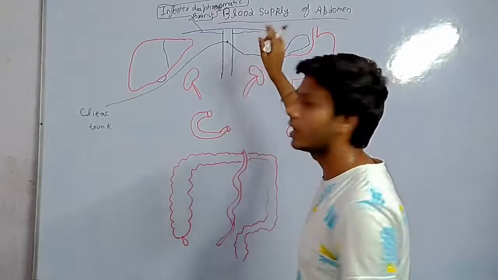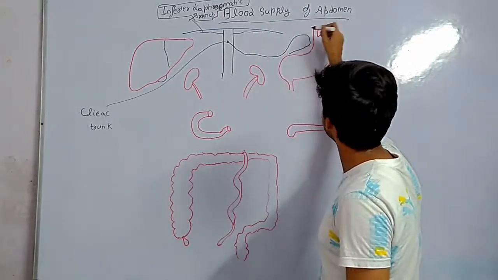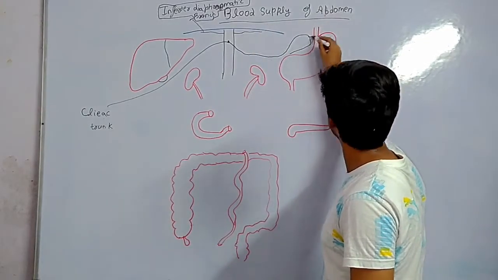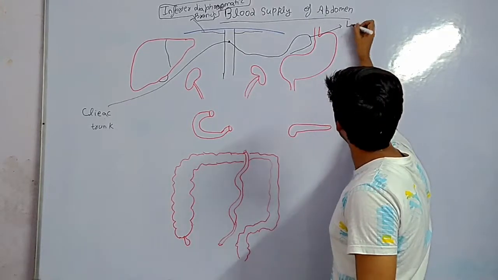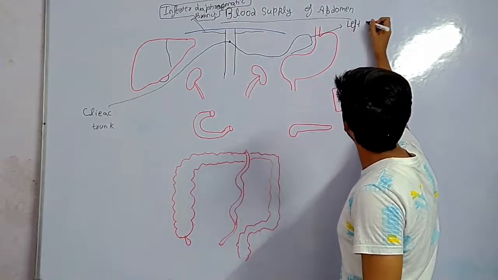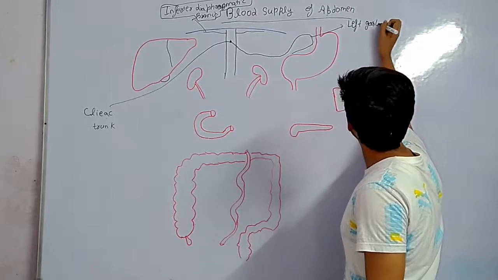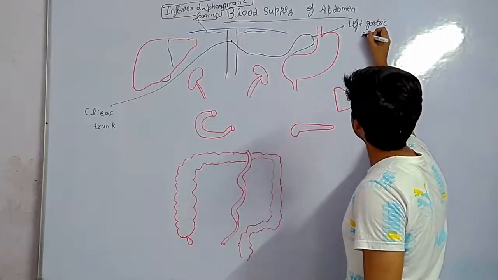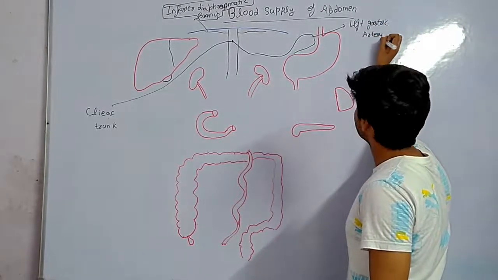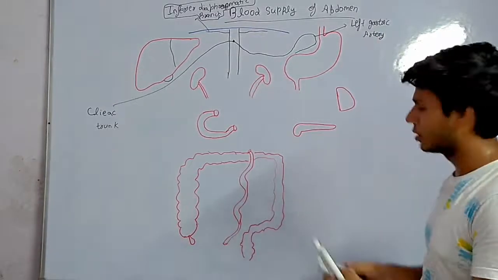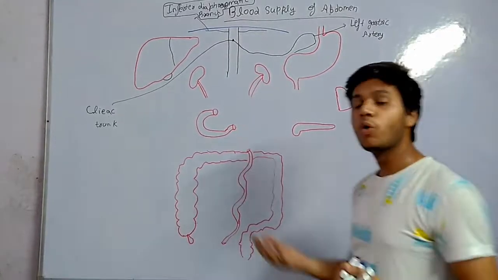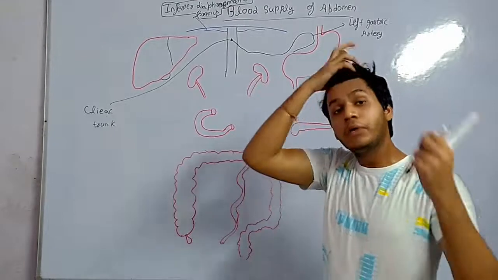It supplies the lesser curvature of the stomach. The left gastric artery gives some branches which go above and supply the inferior part of the esophagus.